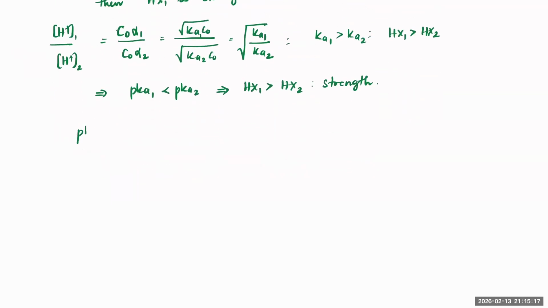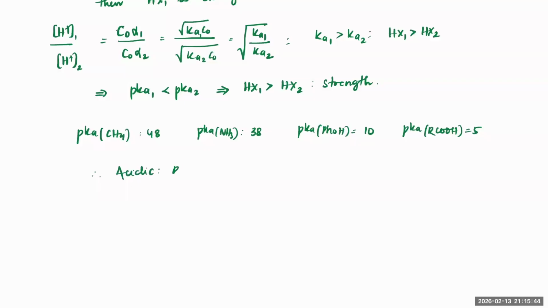That's why if you compare the pK value of methane, which is 48, ammonia, which is 38, phenol, which is 10, and carboxylic acid, which is generally around 5, it's pretty clear that RCOOH is a stronger acid than phenol, then ammonia, then CH4.